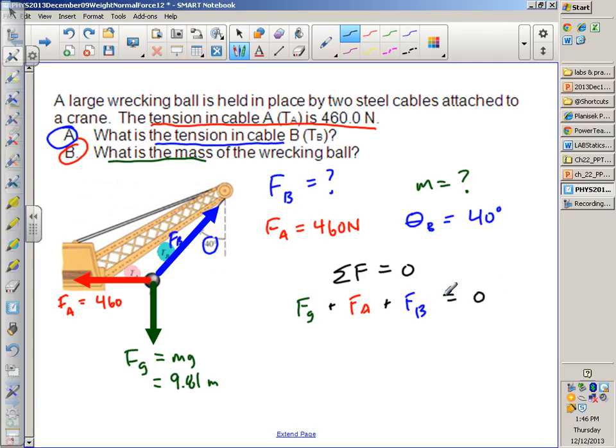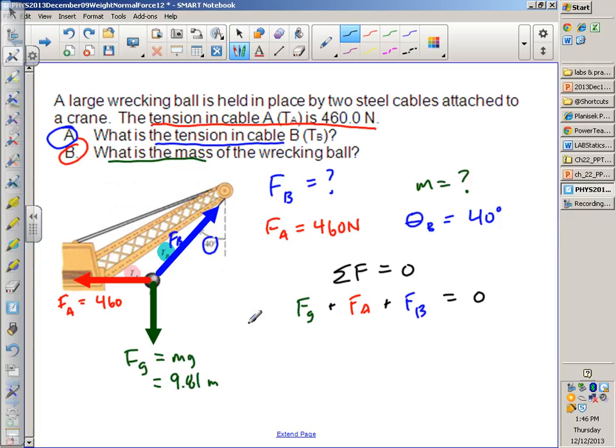Now, in this case, is it going to be as easy as just adding up the numbers and getting whatever's left over? Can't do that in this case because they all don't lie on the same line. They're not all x-axis or y-axis.